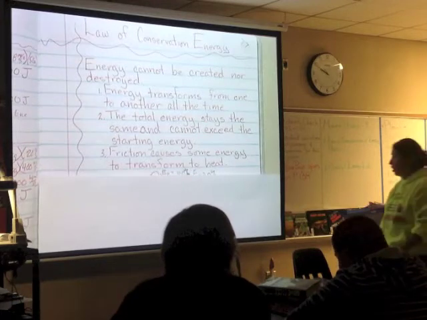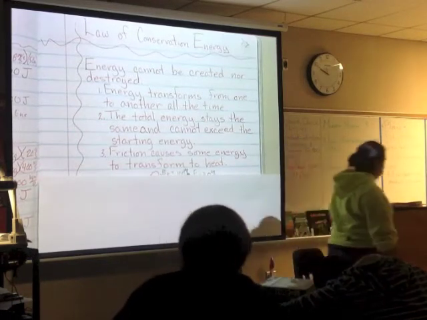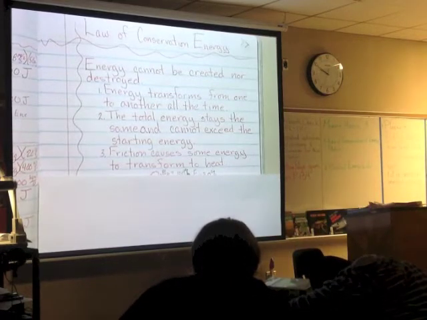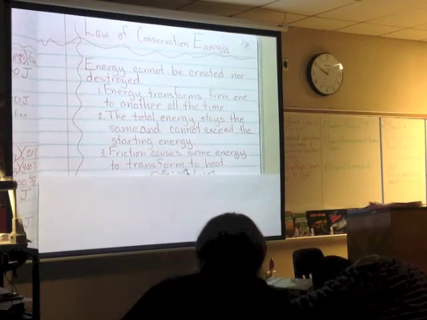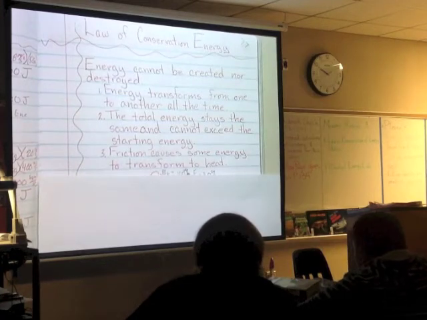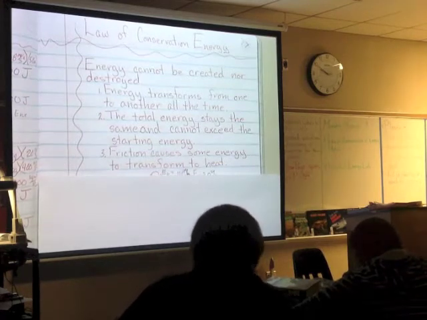Well, friction causes energy to be transformed into the form of heat. So when you dropped that bouncy ball down, when it hit the floor, that caused friction, causing heat. That heat dissipated to the environment. It also caused a sound. Sound dissipated out to the environment. So you, in quotation marks, lost energy.